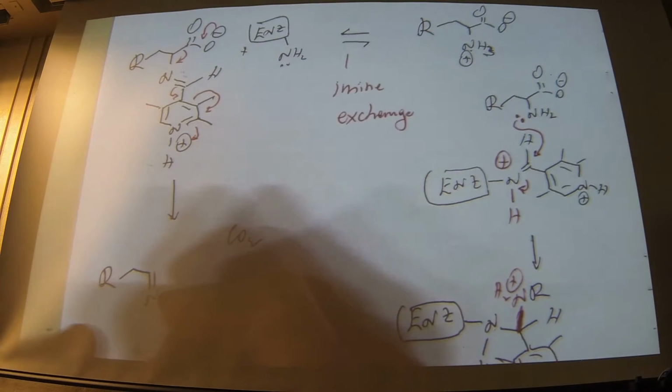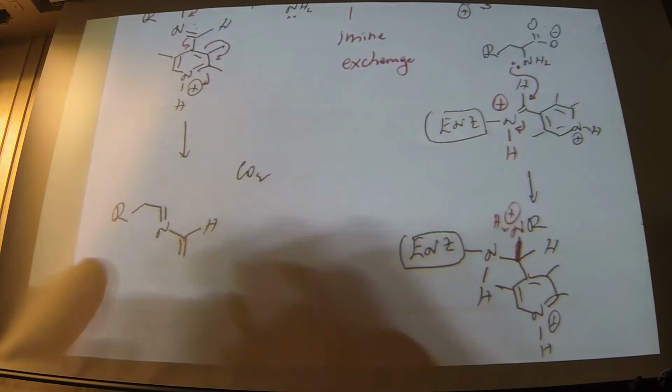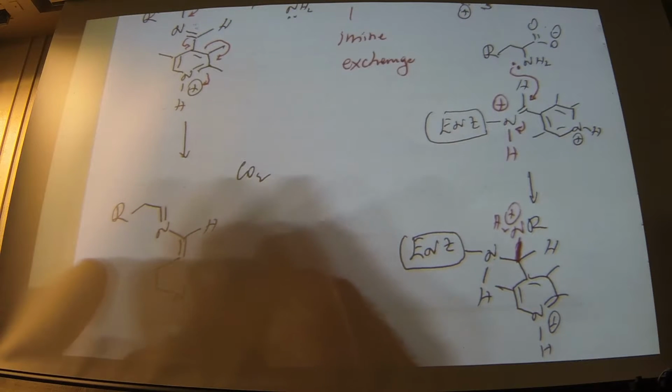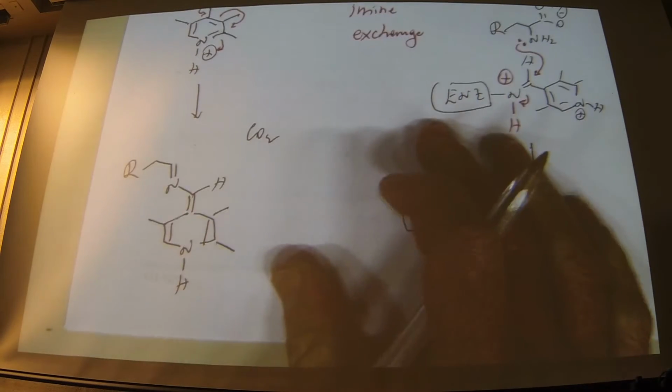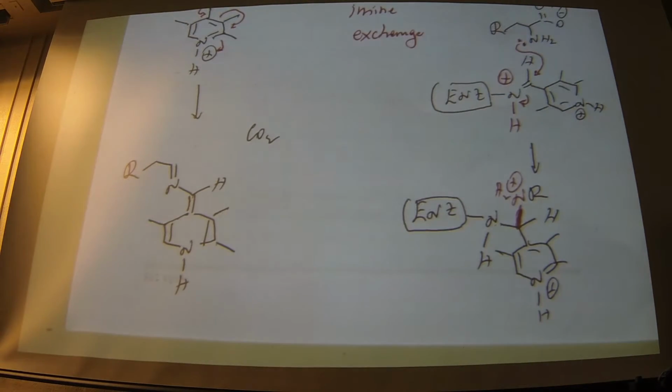Double bond here, single bond here, double bond there, okay? I end up with a neutral molecule. And so that's going to be much lower in energy than forming any kind of carbanion.